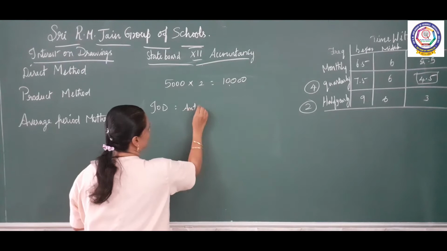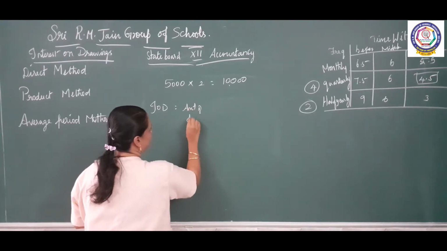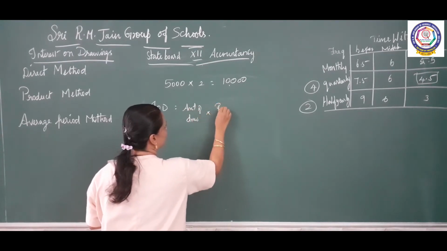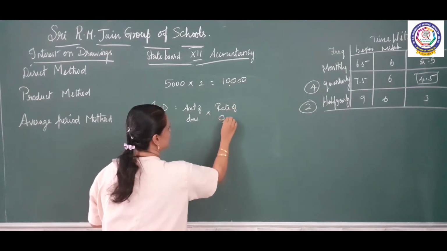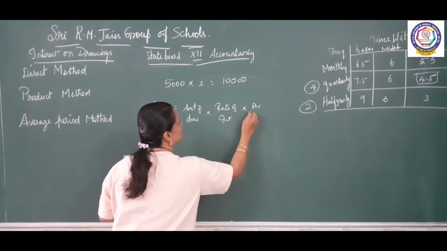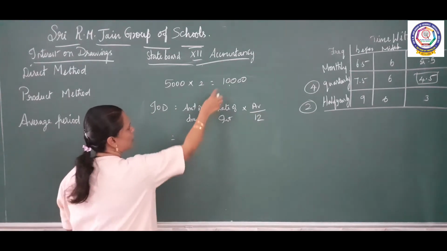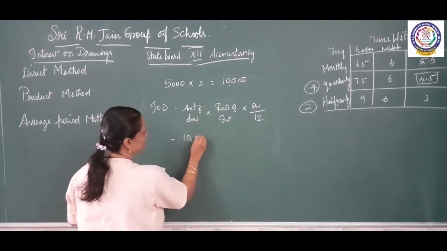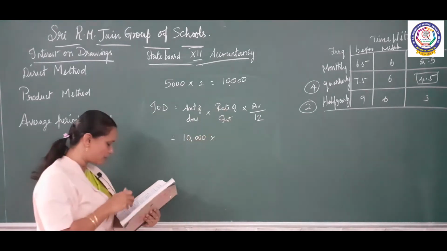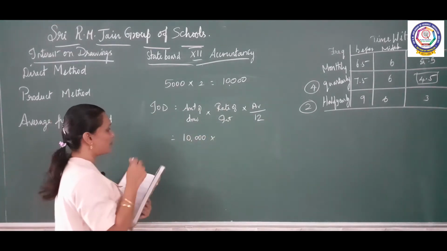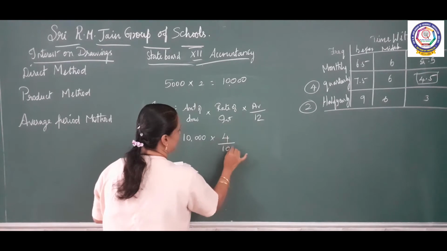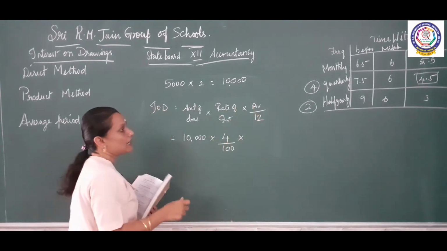Amount of drawing into rate of interest into average period divided by 12, isn't it? So amount of drawing, how much? 10,000 into rate of interest, how much they have given? 4%.